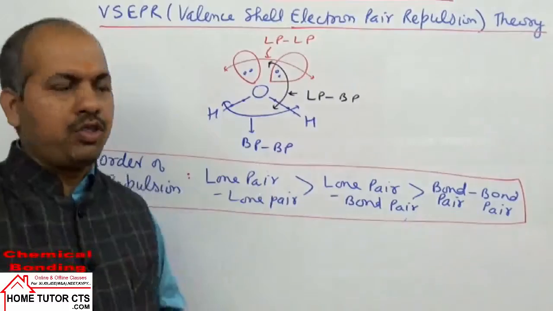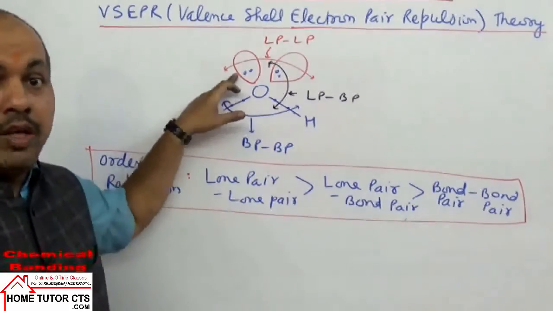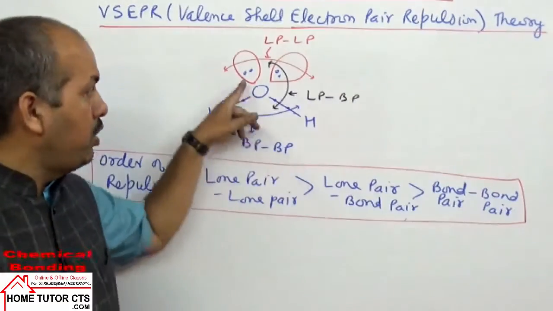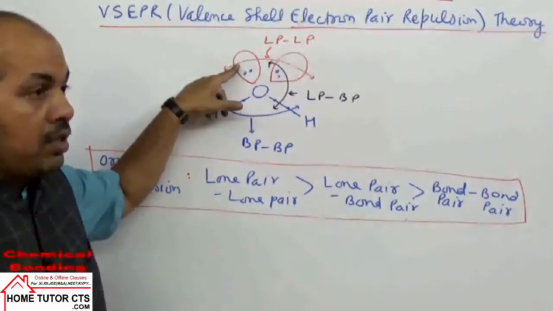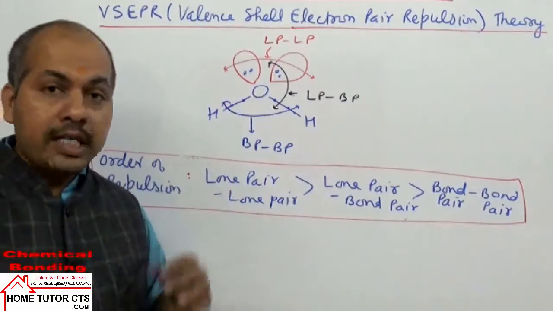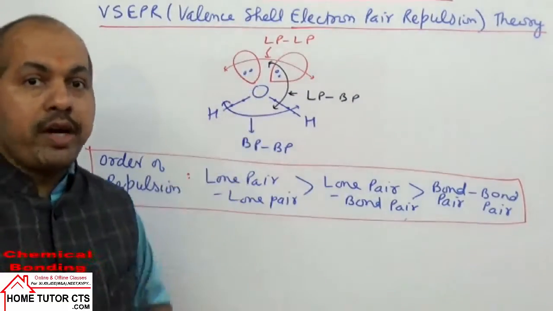See, we have a very simple logic. If you take the lone pair, it will have attraction by a single nucleus, the atom of a single nucleus. So in this case, the lone pair has attraction by the nucleus of a single atom, and the bond pair will have attraction by the nuclei of two atoms.